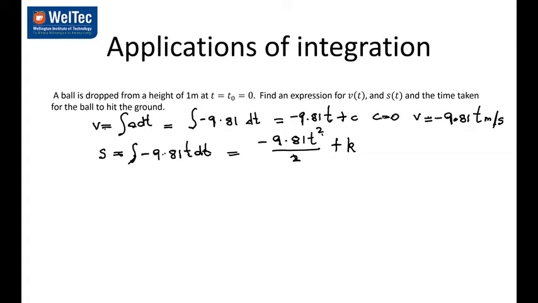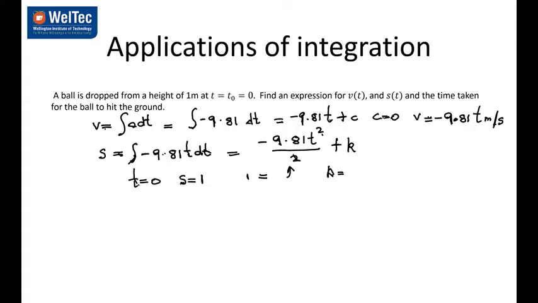Let's look at the information that we're given. It says that when t is equal to 0, the distance is equal to 1, because right at the start, this thing that we're dropping is a metre off the ground. So when we start, t is 0 and s is 1. If we put 1 into the equation above, then we can find that k is equal to 1.